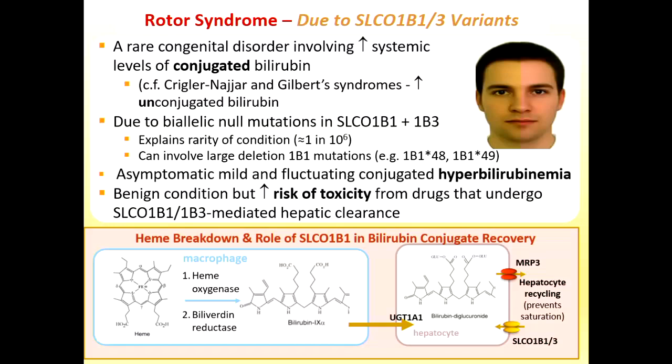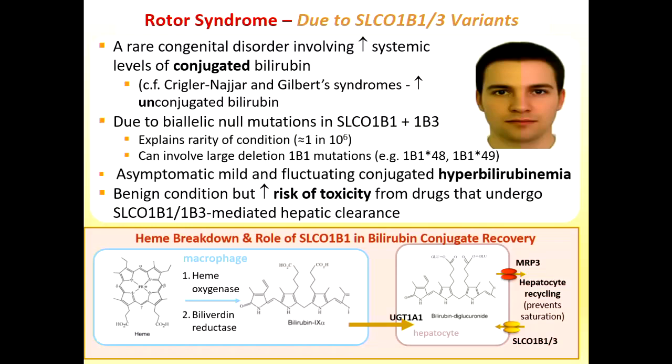And after this is formed in the macrophages, it's then excreted from the macrophage, makes its way to the hepatocyte, where it gets glucuronidated to form bilirubin diglucuronide. And this is the one that folks with Crigler-Najjar and Gilbert syndrome are deficient in. But what happens in the case of this other condition, Rotor syndrome, they can carry out that chemistry, but there's a normal efflux of bilirubin glucuronide by MRP3.